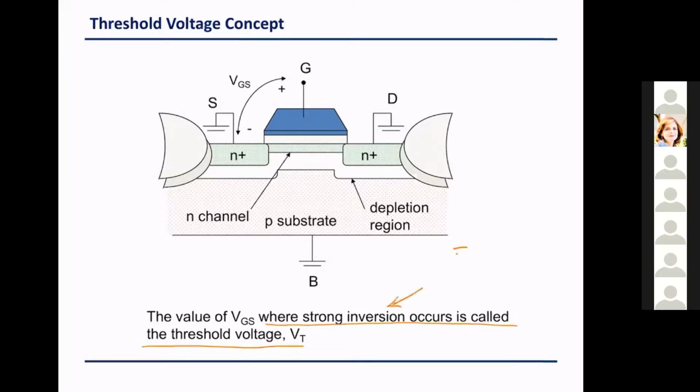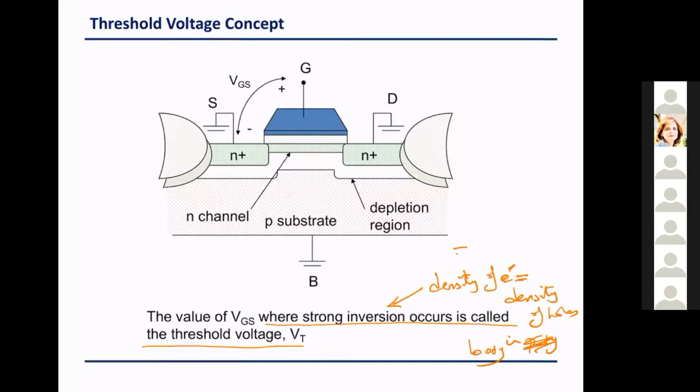We can assume that this is the limit when the electron density in the channel equals the density of holes in the P substrate, right? In the body. We can assume that this is the value, it's a definition. Don't worry about it. Okay? But I want a channel to be formed and dense enough for me to consider that I have a decent current.